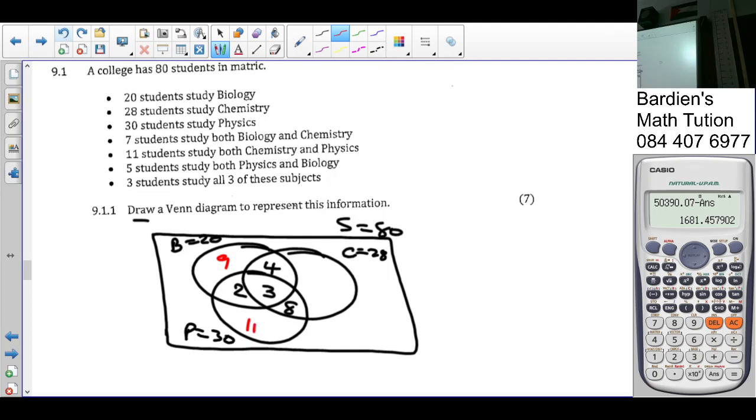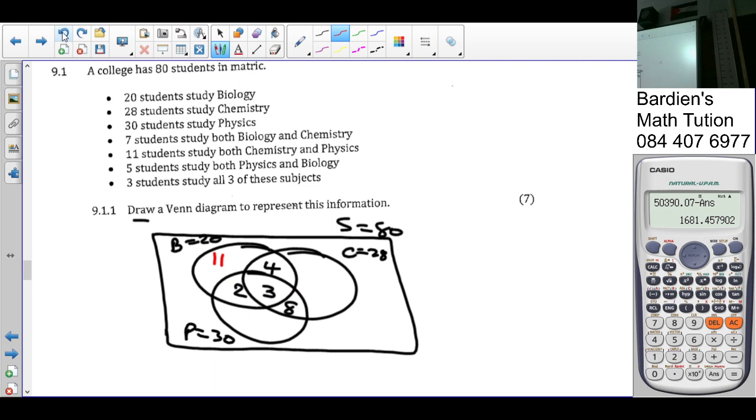Okay, no problem. The 9 is supposed to be 11. So 11 goes here. How did I get 9? 3 plus 4 is 7. Oh, that adds up to 9. Sorry. You see, when I try to work faster, I'm making mistakes.